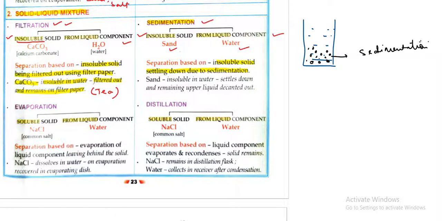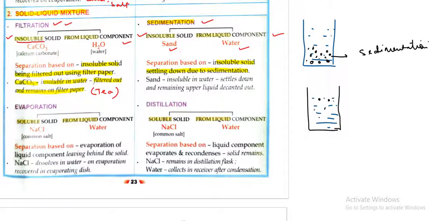Clear? But in case of calcium carbonate, what happens? Suppose we take water and add calcium carbonate particles. The calcium carbonate particles float in the water.